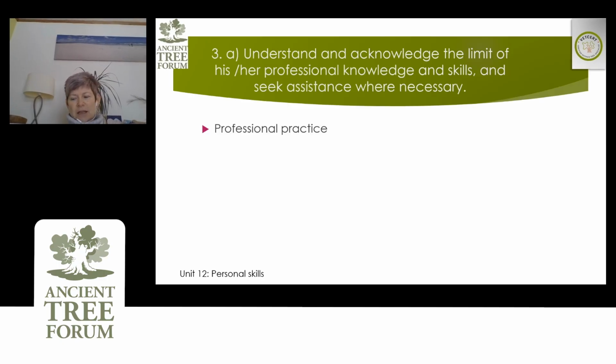Then this is something that I think is really important for all of us, that we are humble in relation to veteran management, and that we understand and acknowledge the limit of our professional knowledge and skills, and we seek help where necessary. And this is professional good practice. This is nothing that's particularly unique to veteran management, but because it's very complex, it's perhaps more acute and happens more often. I, for example, am no good at identifying lichens.